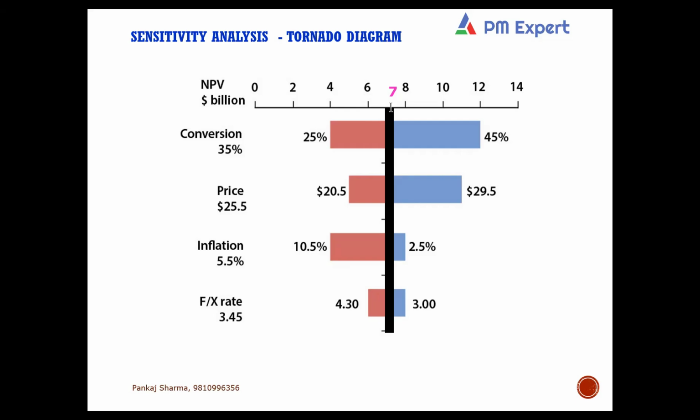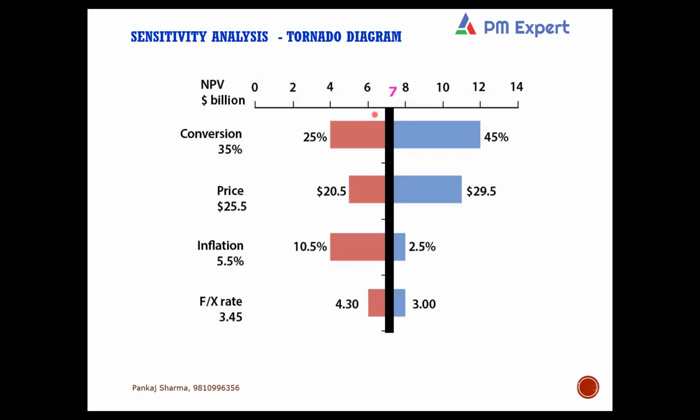Will this 7 billion be impacted by multiple factors? Yes. For example, it will be impacted by conversion rate, price, inflation, and foreign exchange rate. But at a time, we will study the impact of one particular risk on the project objectives.